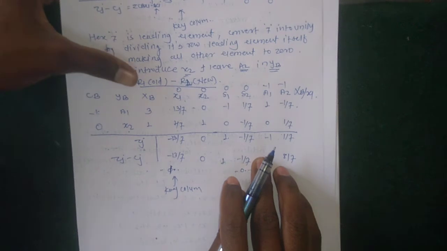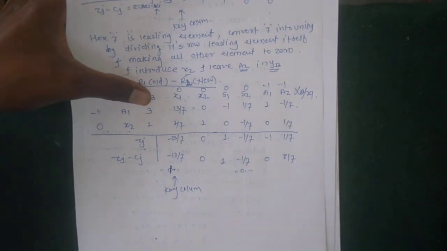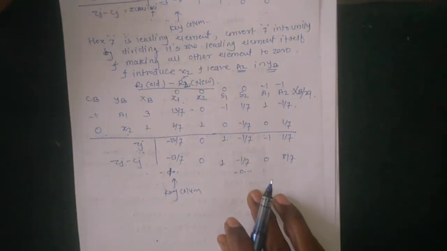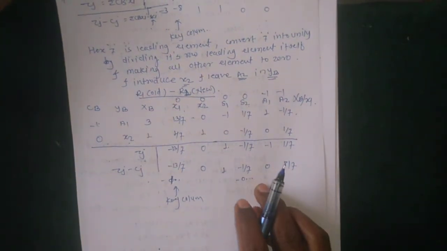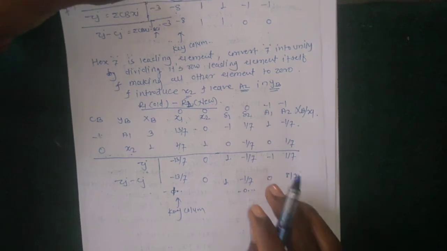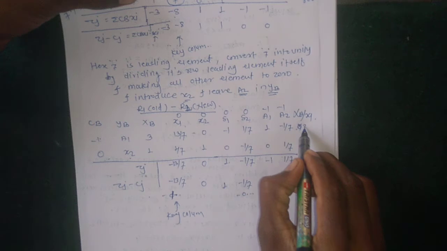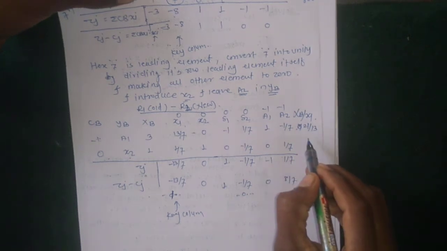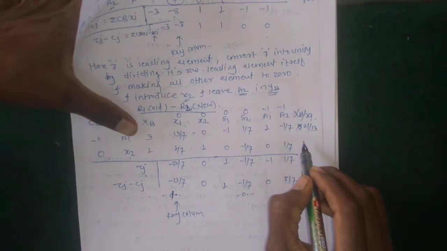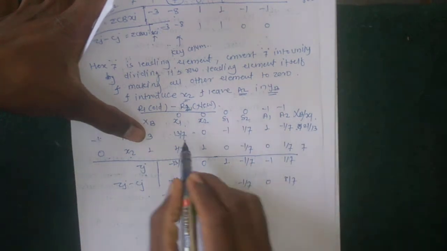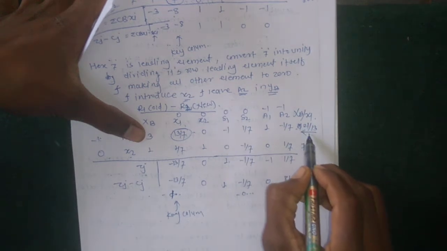Then xb divided by 13/7, xb divided by 30/7: 3 divided by 3, then 21 divided by 30, 21 divided by 13, and here 7 divided by 7.